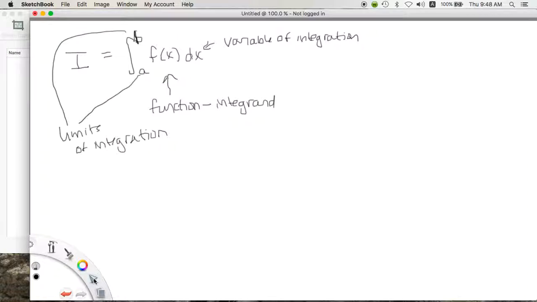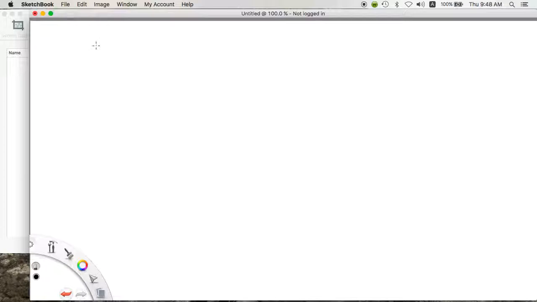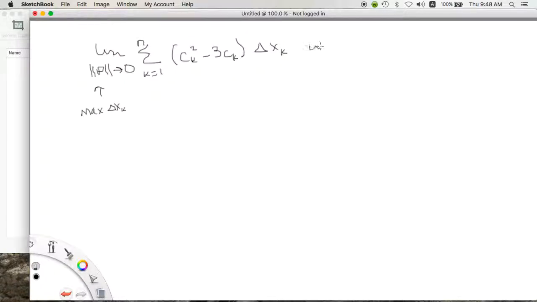So let's look at an example here. If we take the limit as that maximum delta x, or as your book calls it, this norm of the partition, which is the same thing as our maximum delta x k, goes to 0 of the sum from k equals 1 to n of c k squared minus 3 c k times delta x k, where p is any partition of [-7, 5].